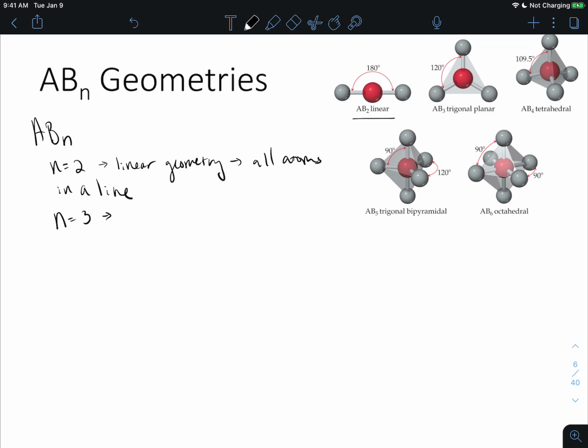Next, we have n equals 3. This is called a trigonal planar geometry. And here, the atoms make a triangle around the central atom.